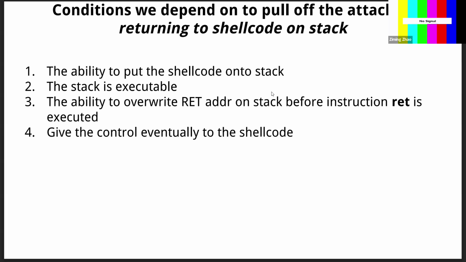So in this example, let's say the attacker first needs the ability to put the shellcode onto the stack. That ability is given by us because the program is vulnerable. It has that gets function, it has the strcpy function or other dangerous functions. Because of that, it gave us the ability to copy shellcode onto the stack.